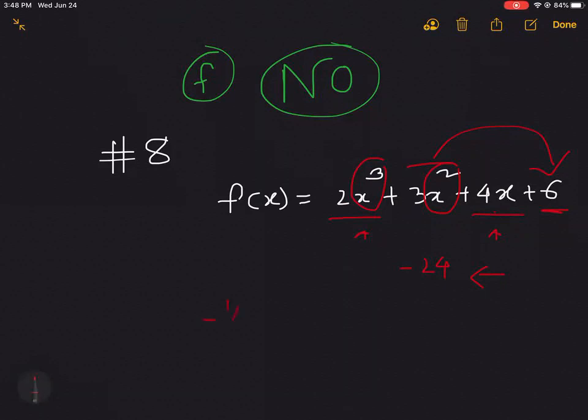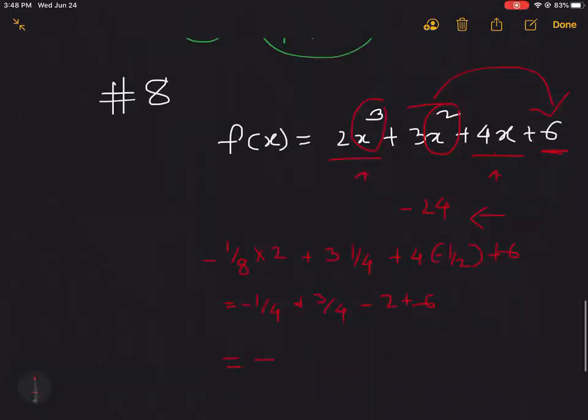So (-1/2) cubed will be -1/8, times 2; 3 times 1/4; 4 times -1/2, plus 6. So this will be -1/4 plus 3/4 minus a half, another 2, plus 6. Okay.